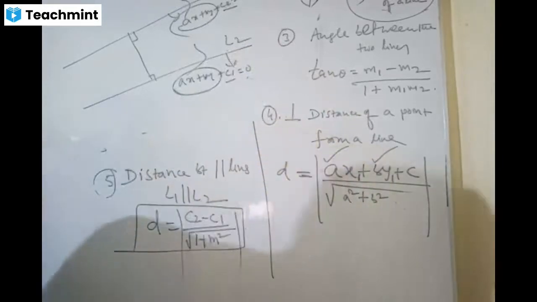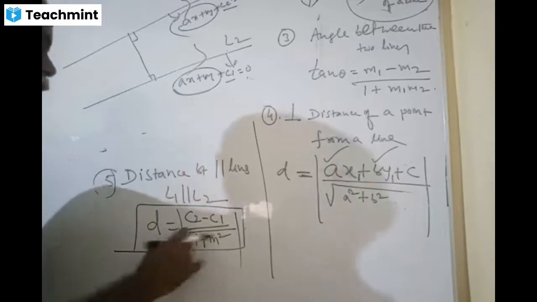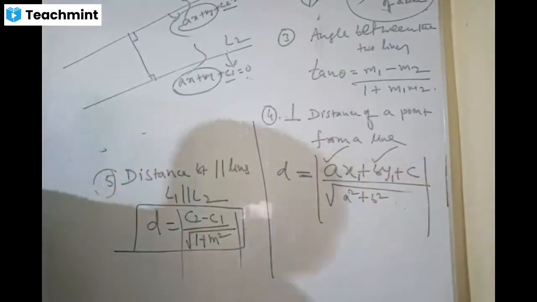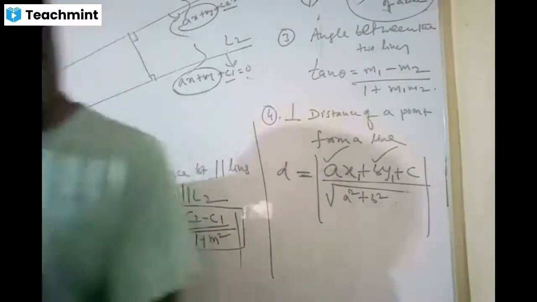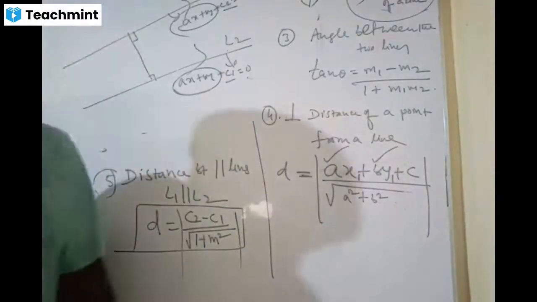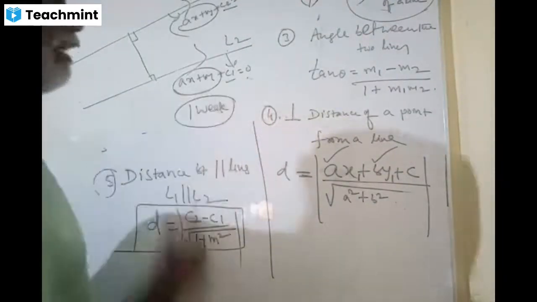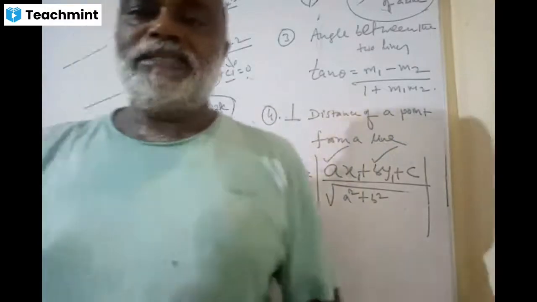Whether you write C2 minus C1 or C1 minus C2, it is under modulus. That's all. We have these 5 points, so it will take at least 5 classes, 1 week. We can do it brilliantly if we have 6 classes. We will structure it.